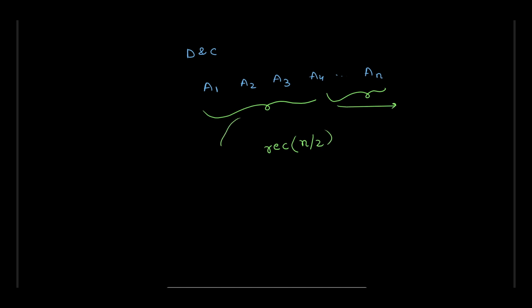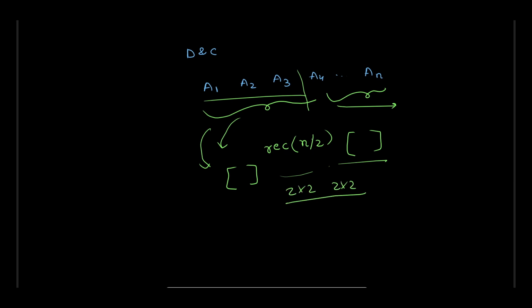And how do you merge them? You will get 2 cross 2 as a result over here, because no matter how many matrices you multiply, the result will always be a 2 cross 2 matrix, and you will get a 2 cross 2 matrix over here, and then you multiply them and send the result forward, because 2 cross 2 into 2 cross 2 is also a 2 cross 2 matrix. So this is one divide and conquer strategy that you could do.